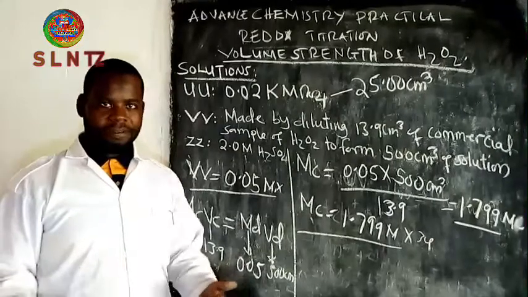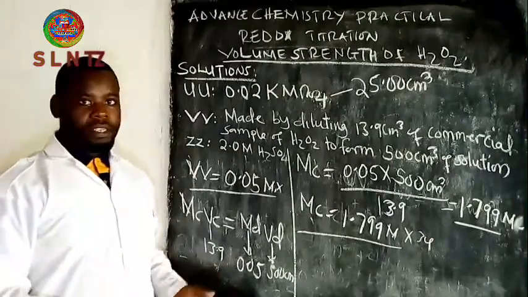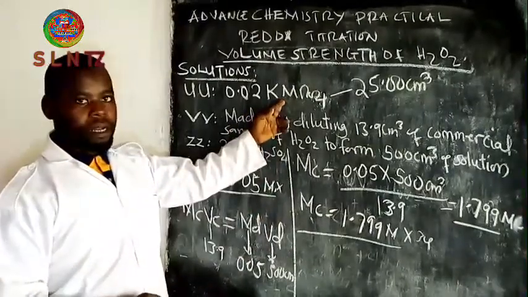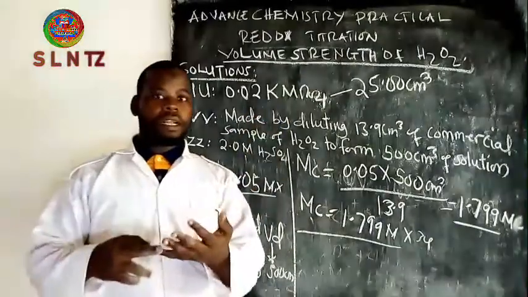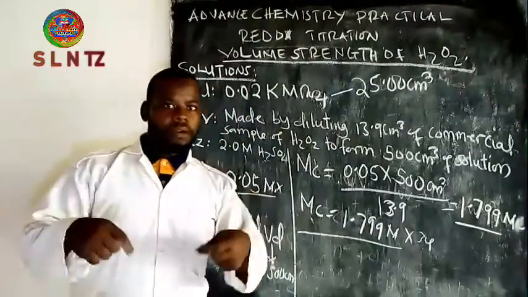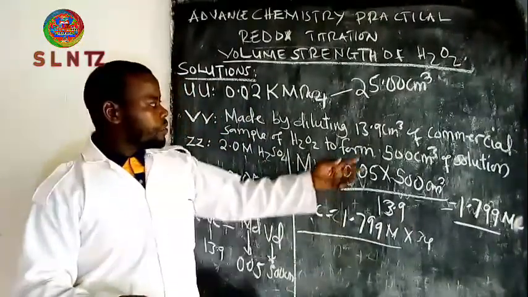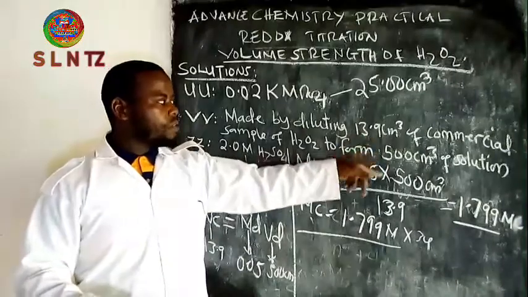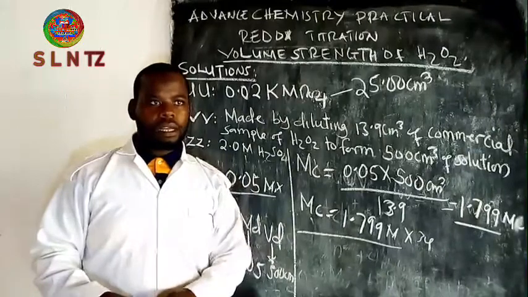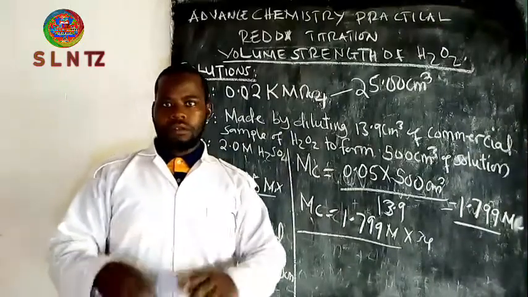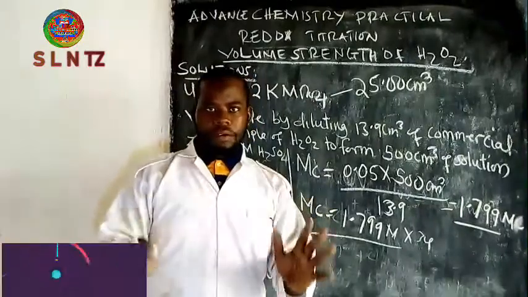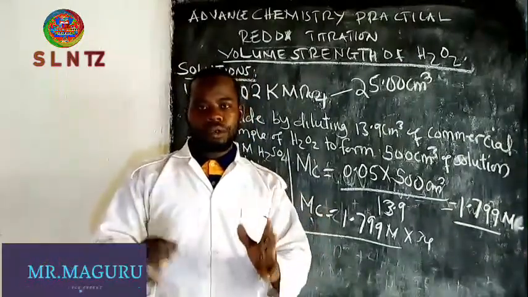Do you catch me? We have understood this. After calculating the molarity of potassium permanganate, we find the molarity of hydrogen peroxide. We use that molarity, by using the dilution formula, to calculate the molarity of the commercial sample, that is the molar concentration before diluting, or stock solution.